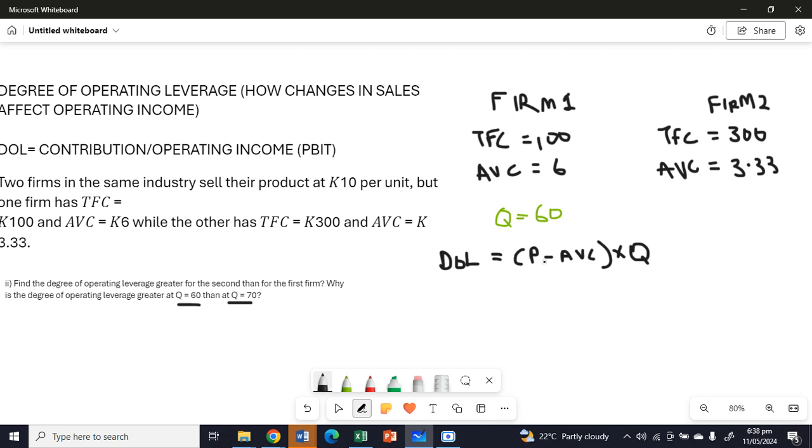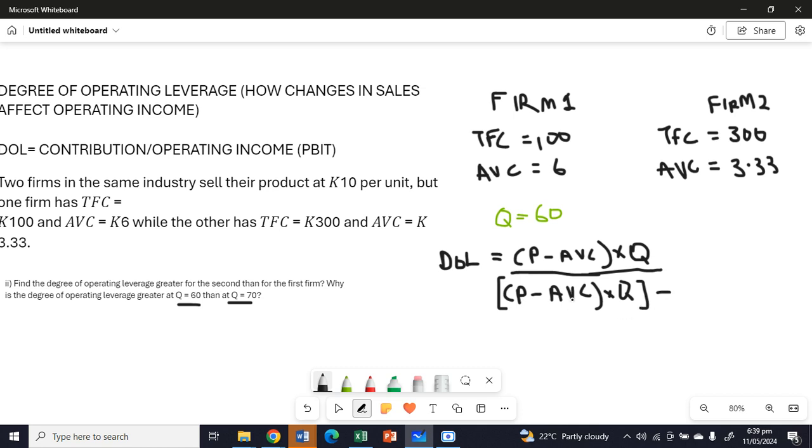Then if you want to get the total contribution, you multiply by the number of units, divided by, as I said, the operating income, which comes when you subtract the fixed costs from the contribution.